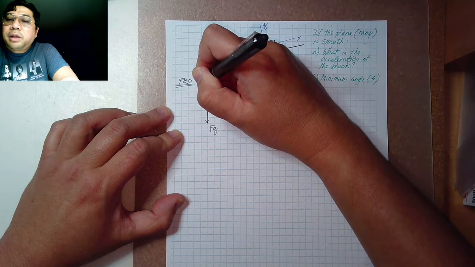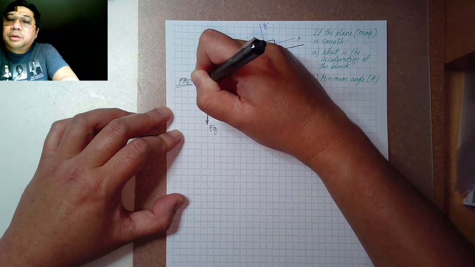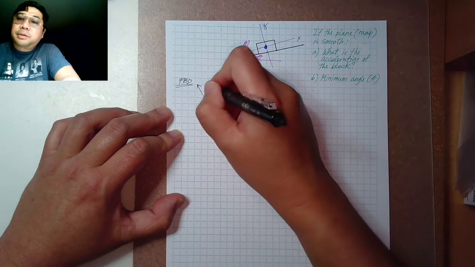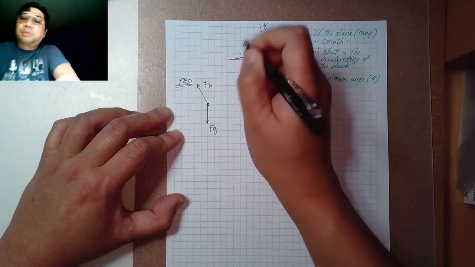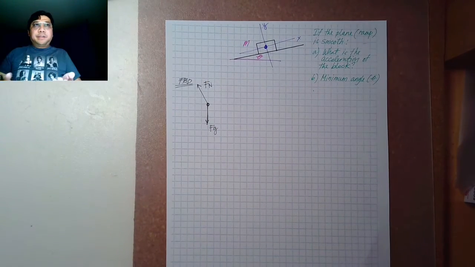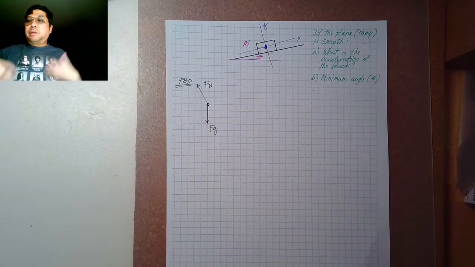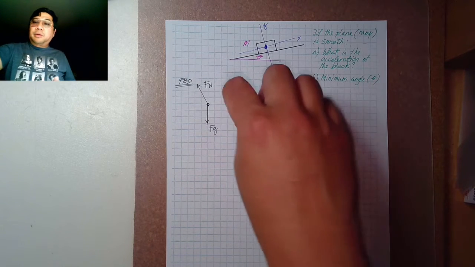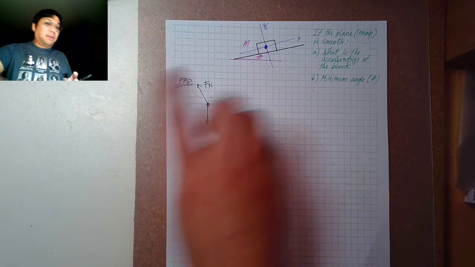But this time we have it at an angle, similar to our y-axis. So this is your Fn, or the normal force. There's no friction and there's no other applied force, so the only forces acting here are the force of gravity, or the weight, and the normal force.